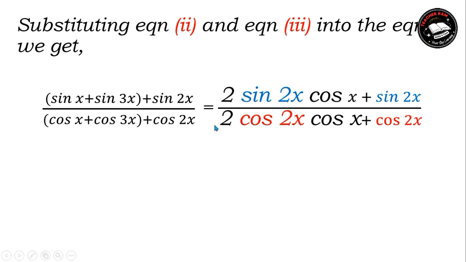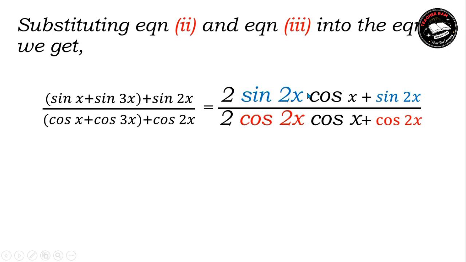For the cosine we have obtained 2 cosine of 2x multiplied by cosine of x, then plus cosine of 2x. As we can see here, sine of 2x in the numerator is common between these two terms, and also cosine of 2x in the denominator is common between these two terms.